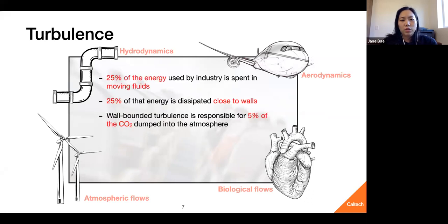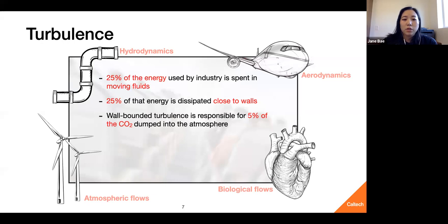Turbulence research is quite important just because if you look at the data, 25% of the energy used by the industry is spent in moving fluids from one location to another or sending objects through fluids. And 25% of that energy is dissipated close to the wall. So that's why I'm interested in studying wall-bounded turbulence. And wall-bounded turbulence is responsible for 5% of the CO2 dumped into the atmosphere.